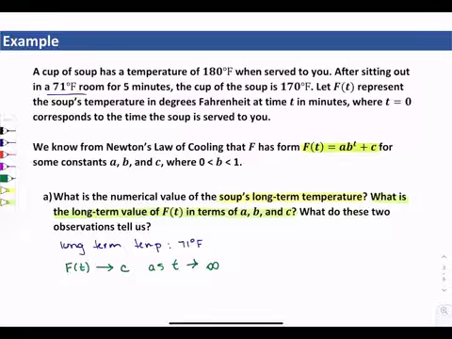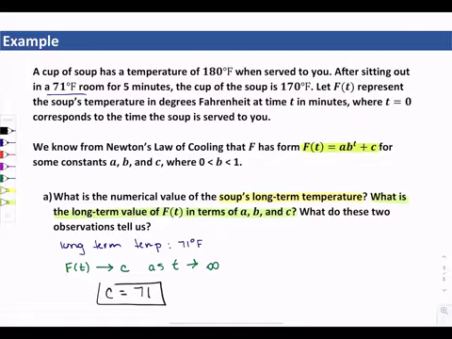So what can we conclude if we put these two things together? We know that the soup is going to approach 71 degrees Fahrenheit in the long term, and we know that the function f is going to approach c in the long term. So ultimately what that tells us is that c equals 71. All right, so we now know what c is. We'll work next to find the value of a.